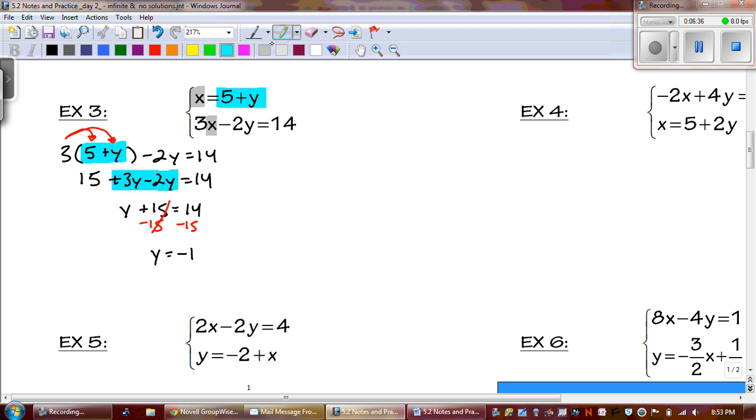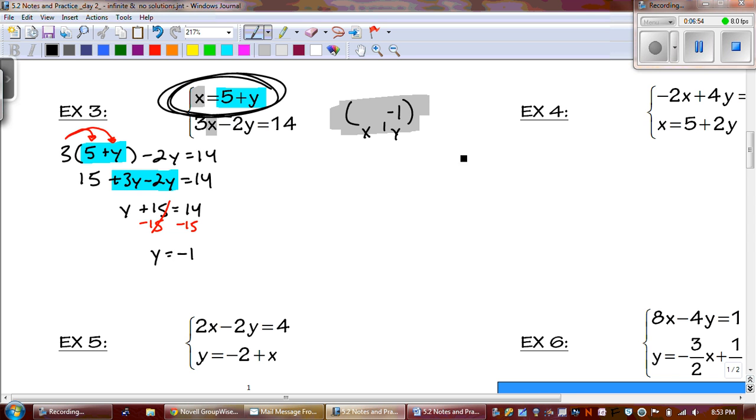So now that I know that my answer is going to be a point, we're looking for two things. We're looking for the x and we're looking for the y. And we know that y is negative 1. Now to figure out what x is, we're going to plug that in to one of the original equations where x is by itself.